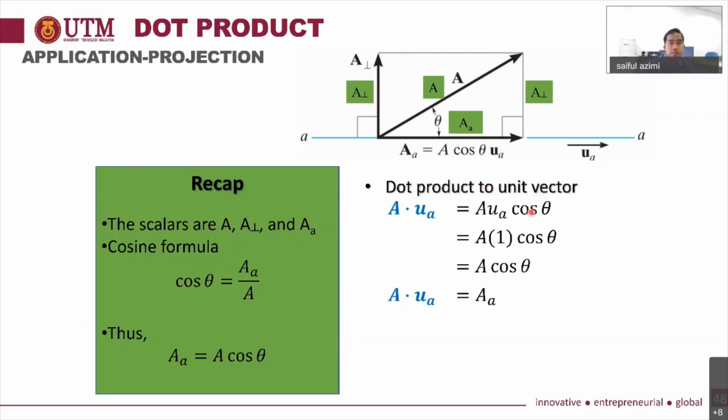The previous application was the dot product of each vector, but this time, you have a vector A, and you dot with the unit vector UA. This is the unit vector. It is not the vector yet. Okay, this is only a unit vector.